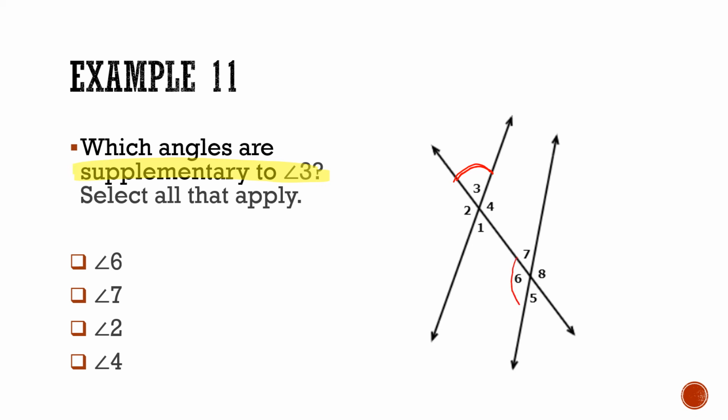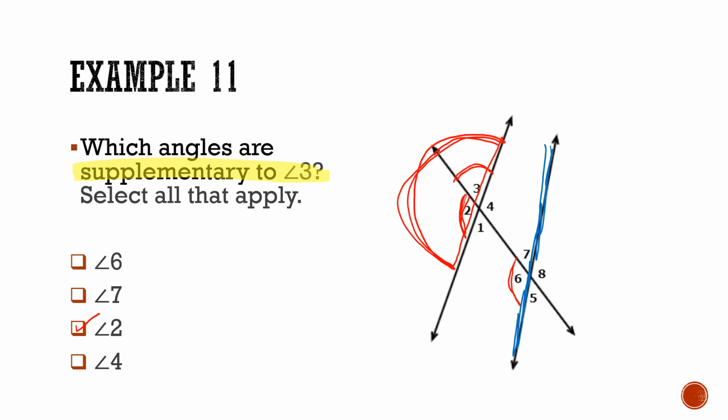Angle 2 would go with angle 3 to make 180 degrees because it's creating this straight line, this half of a circle. So we can already check angle 2. However, due to the tilt of this second line, we can see that angle 6 is greater than angle 2. Therefore, angle 6 would not go with angle 3 to create supplementary angles.